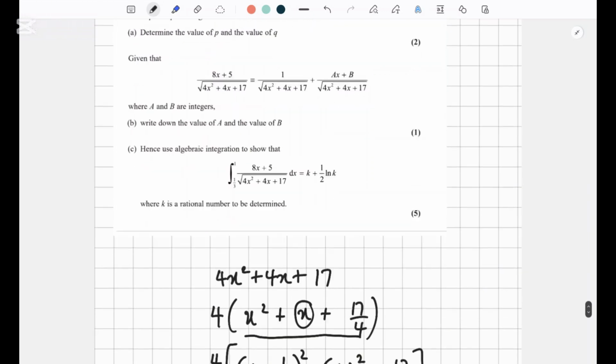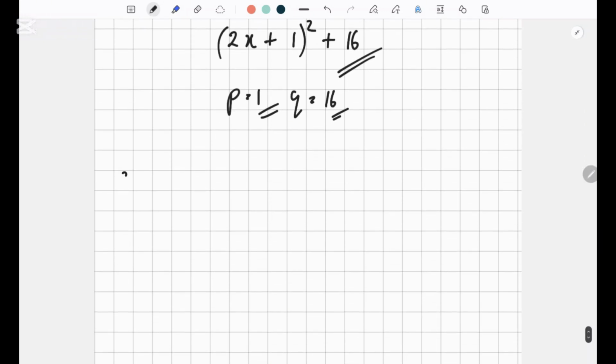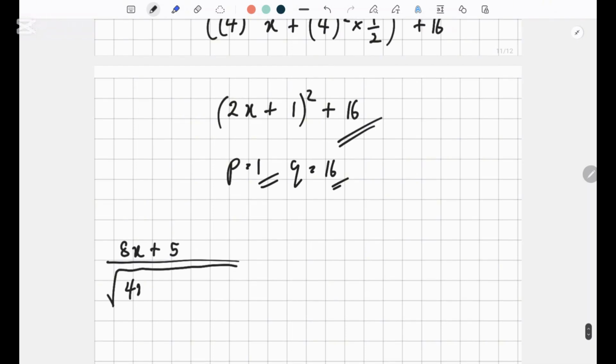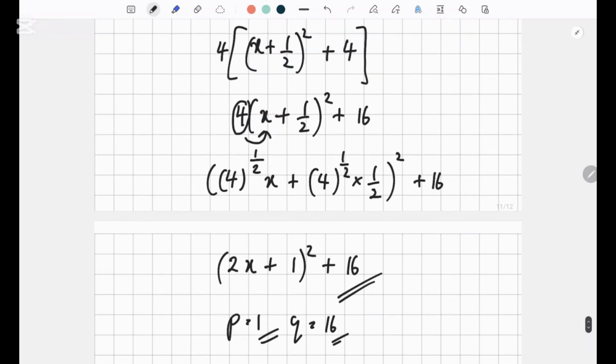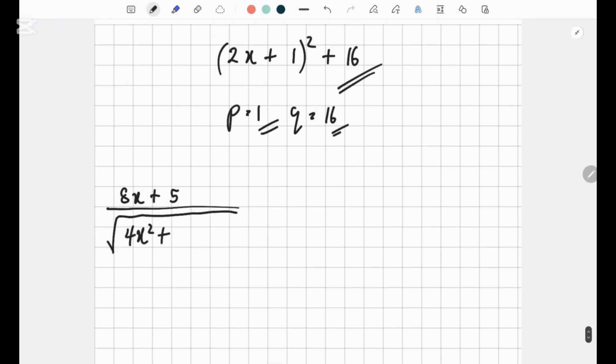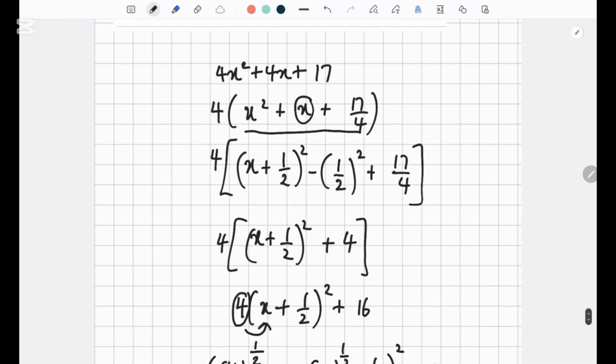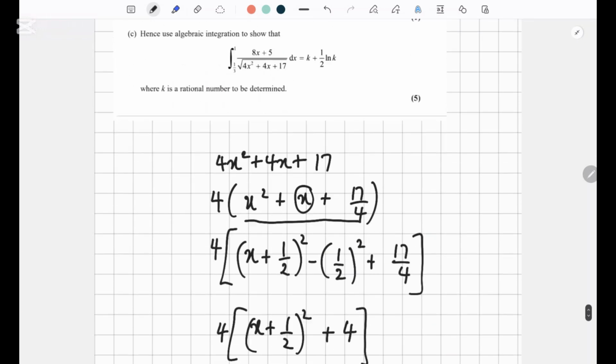And then they're given that 8x plus 5 over square root 4x squared plus 4x plus 17. Was it minus 17? No, it's plus, yeah.